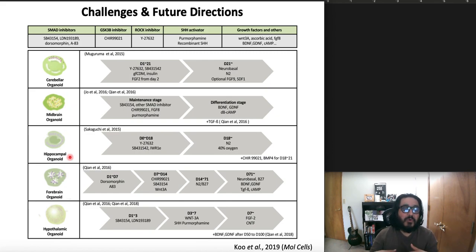So we don't want to only study these individually. At some point, we would like to see the true connectivity between the cerebellum and the cortex, or the hippocampus and the cortex, or the hypothalamus and the rest of the midbrain. So we want to see combinations, connectivity of brain regions, but still have it be somewhat more controlled than simply total unguided differentiation.